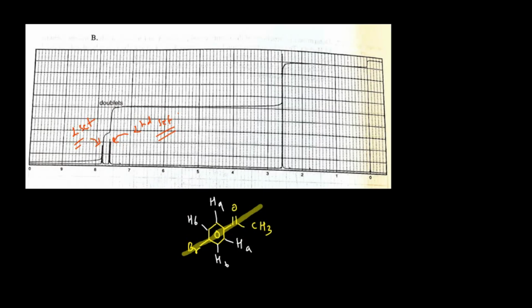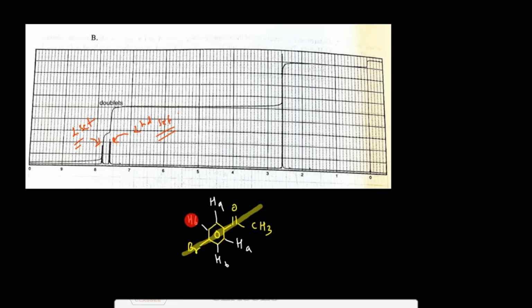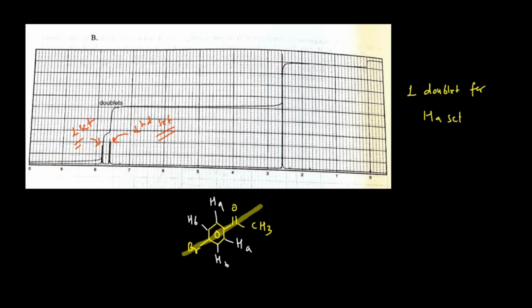Okay. So equivalent hydrogens do not split each other, but this Ha will be split by the Hb. Only one hydrogen is there, so this will produce a doublet. One doublet for this Ha set. So I am writing here. Similarly, another doublet. Okay, that's why only two peaks are here, and one peak is for this particular one. So the second isomer is basically your para isomer.